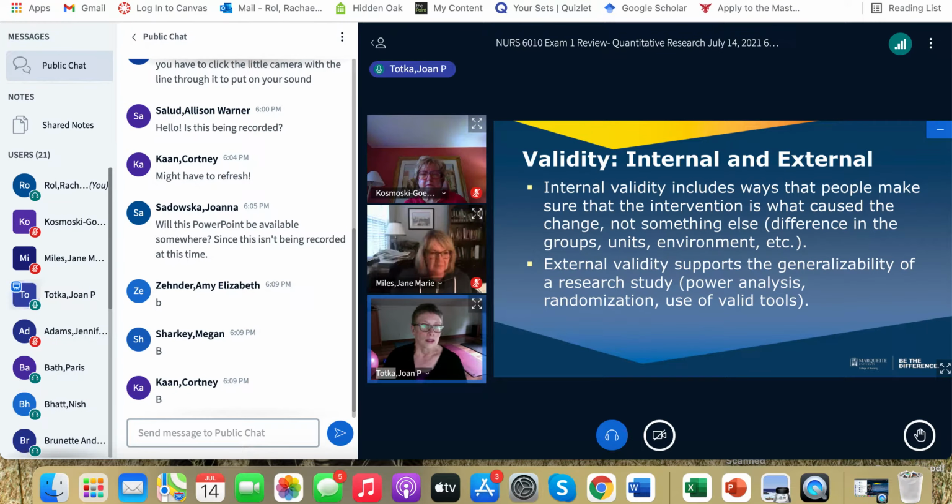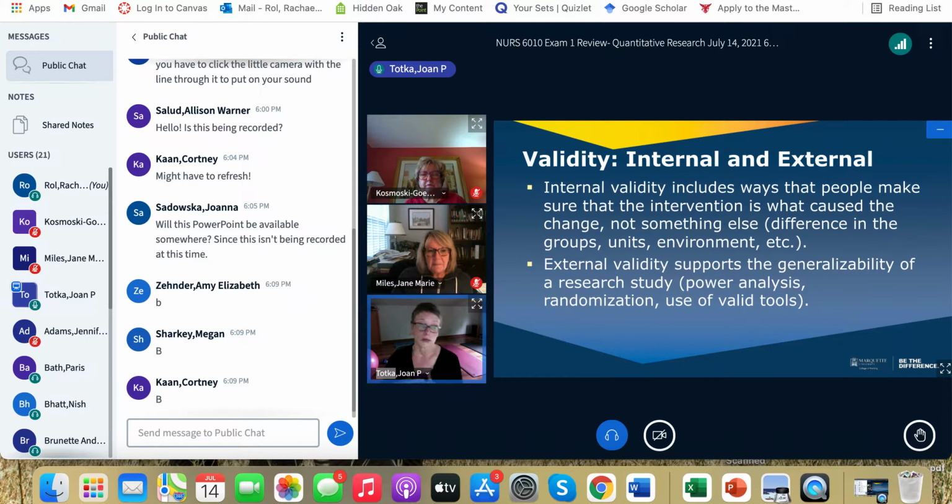The other thing that you should review and know about is validity, both internal validity and external validity. So internal validity are ways that researchers make sure that the intervention is what caused the change, not something else.